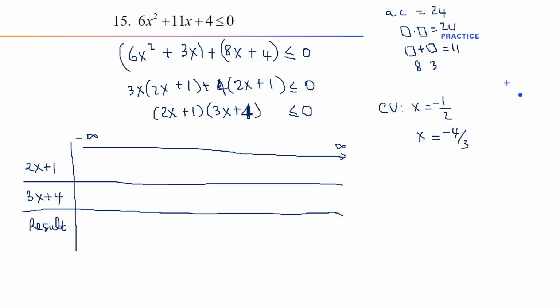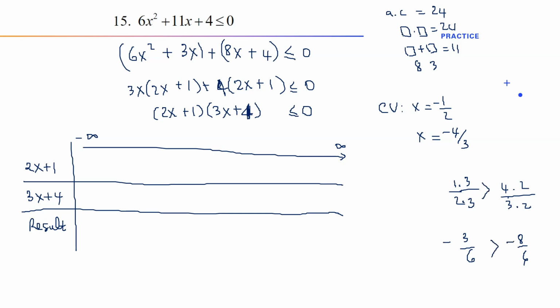Which one is bigger? We can compare, right? Just compare the 1/2 and the 4/3. Multiply by 3, multiply by 2, to make the same denominator. Now we have 3 over 6 and 8 over 6. Which one is bigger? 8 over 6 is bigger, right? But when you have the negative, that will change the size.